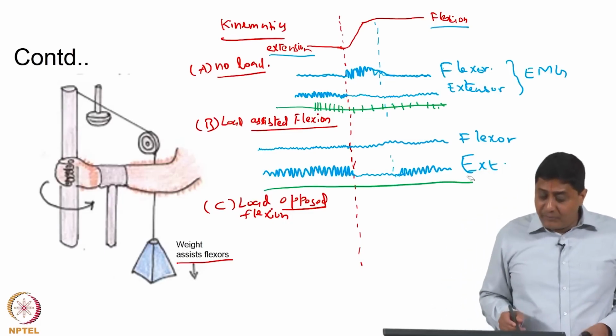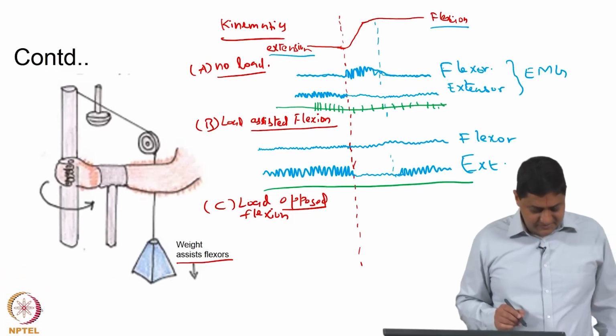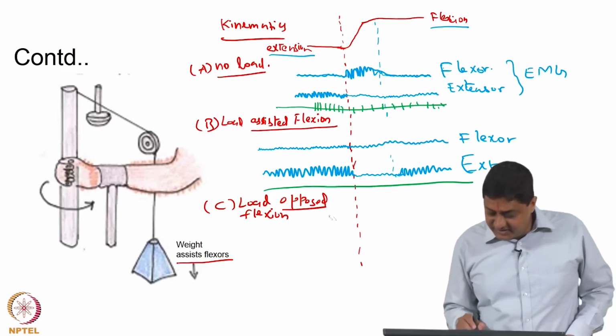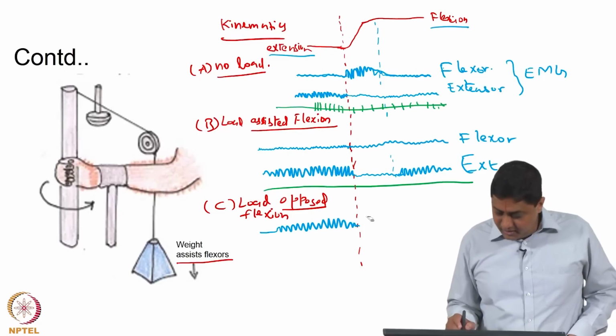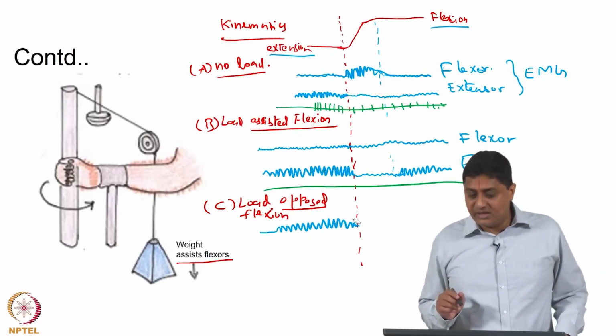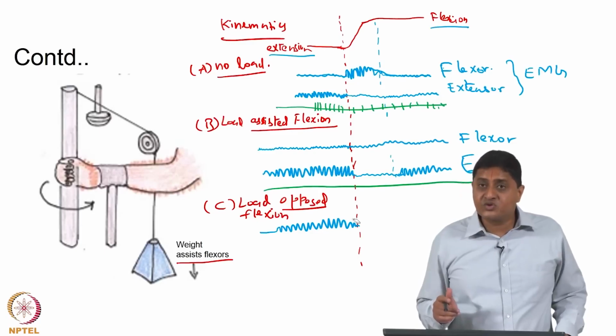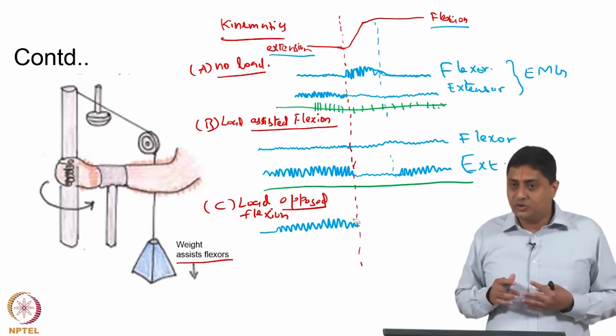So when the load opposed flexion, what happens to the EMG of the flexors and the extensors? What happens to the flexors is, before the onset of movement there is activity, and at the onset of movement you realize that the load is opposing you, so you need to activate more to perform the flexion.